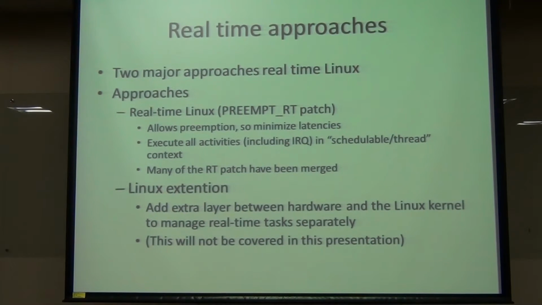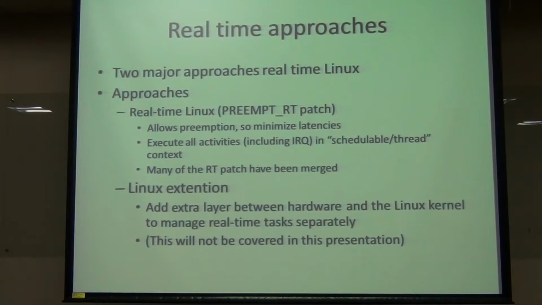Okay, so now I'm getting into the approaches that have been taken over the last maybe 10 years to make Linux more deterministic, or to try to minimize the latency of interruptible processes. There are mainly two approaches. The first one is the PREEMPT_RT patch, which is also known as real-time Linux.